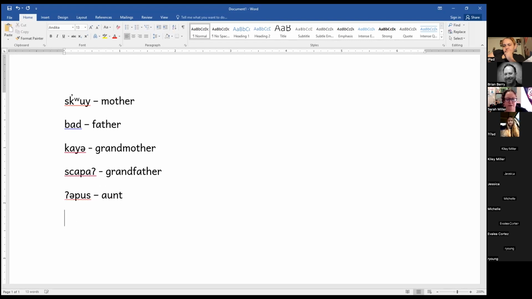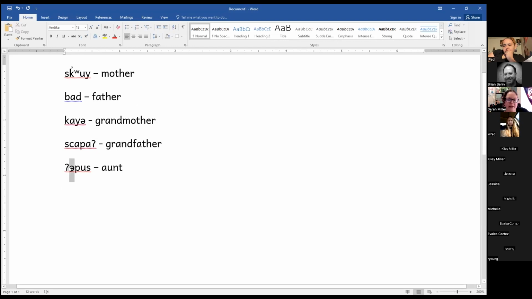Apus, aunt, apus. We have that upside down E, the schwa. We've got a glottal stop in front of it. Most words that begin with a vowel will also begin with a glottal stop. Apus, apus. And then there's no capitals in Lushootseed.